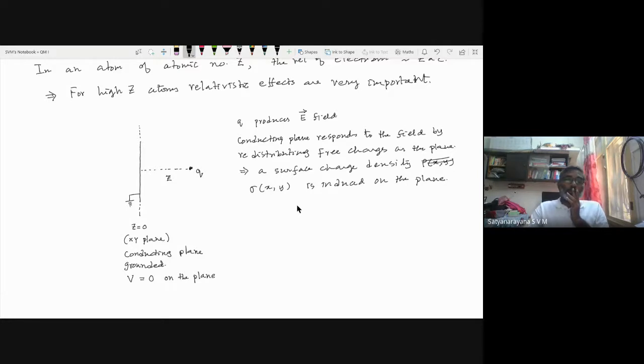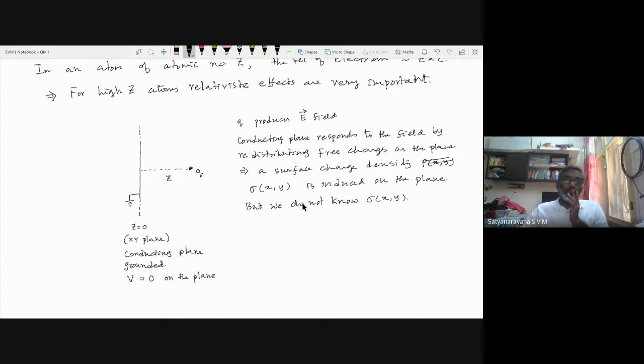Okay, this much we can say qualitatively, but unfortunately we do not know sigma of xy. That is the reason why we cannot solve this problem as such.